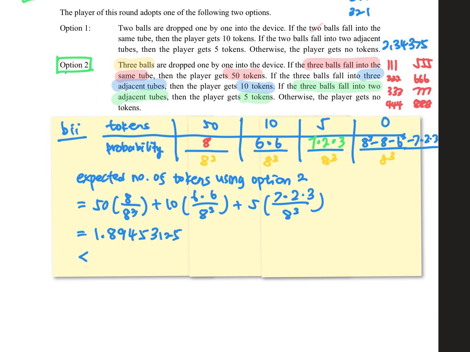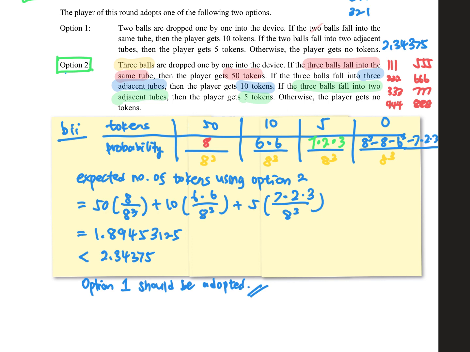And then you can see it's less than 2.34375. So that's why, okay, if I were the player, okay, in the second round, so option 1 should be adopted. So remember that. So option 2, okay, we'll try to use option 1.